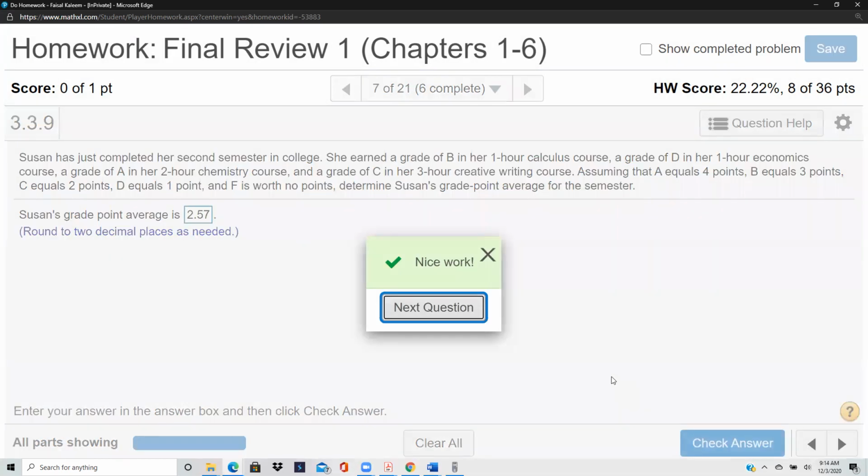Okay, so on one of mine, she had an F, and an F is worth no points. So you just don't multiply that hour by anything. You multiply by 0, no points. But you will still count the F hours in the denominator, right? What would you have done if I hadn't told you that you multiply by 0?